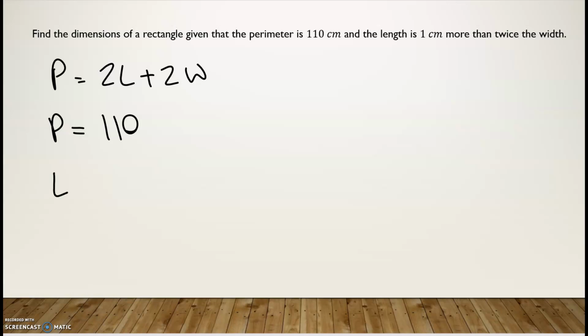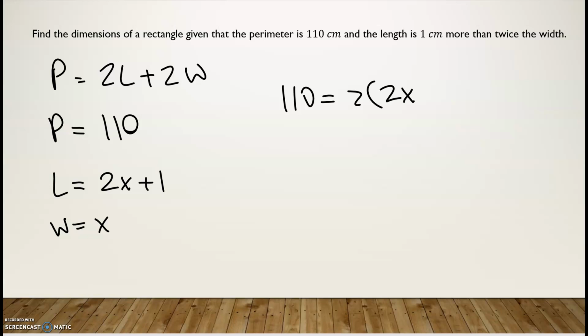The length is 1 more than twice the width. So I'm going to say that x is the width, and then the length is twice the width, or 2x, plus 1. So what we have is 110 is equal to 2 times (2x plus 1) plus 2 times x.